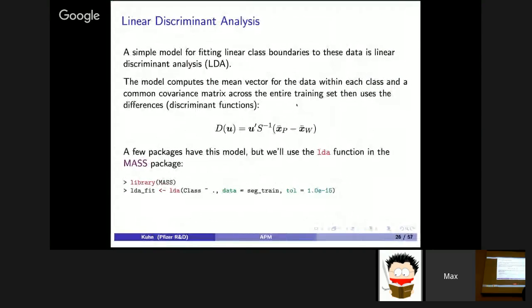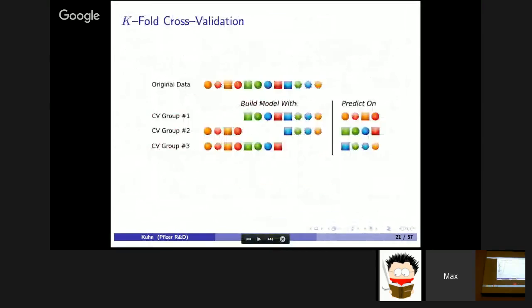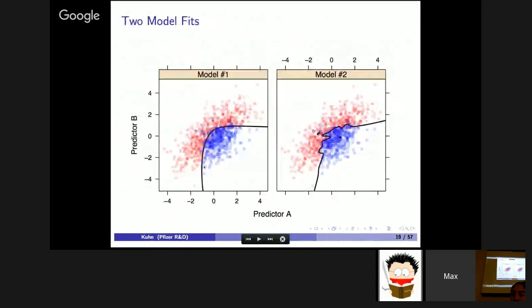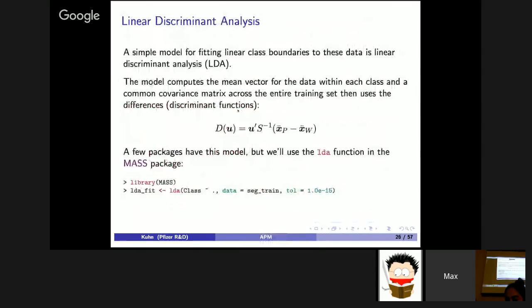So I took one or two models to illustrate this process. Linear discriminant analysis is a linear boundary model, where the boundaries that fit here are not curved at all, they're lines. So it might try to fit a line here, maybe split the diagonal for the particular data. For your two classes, in our case the poorly segmented and well-segmented data, you get your vectors and means for that class, and do the same thing for the well-segmented data.